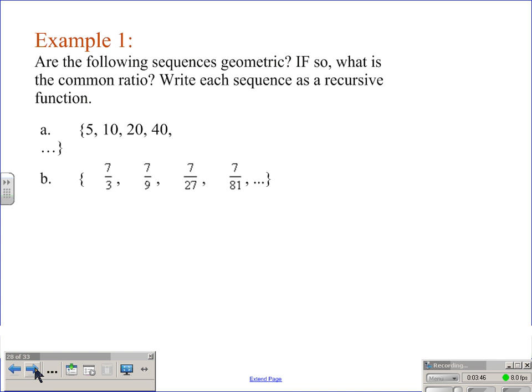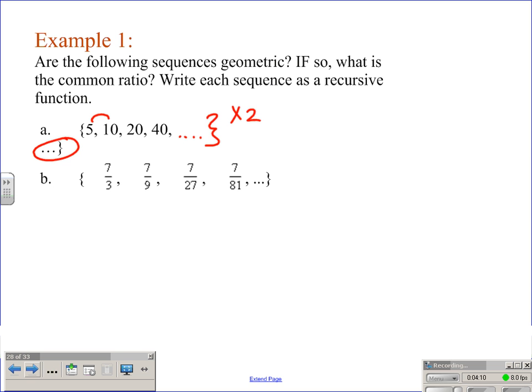Okay, here we have an example. What we're looking to do is find out whether or not it's a geometric sequence, and if it is, we're looking for the common ratio, and then we're going to write a recursive formula for this. So in this case, from 5 to 10 and 10 to 20, 20 to 40, we quickly realize that we are multiplying the previous term by 2.